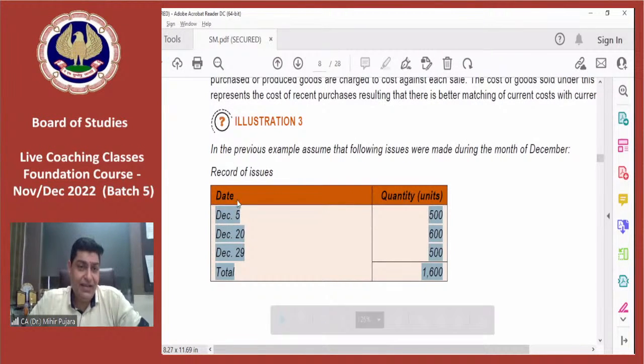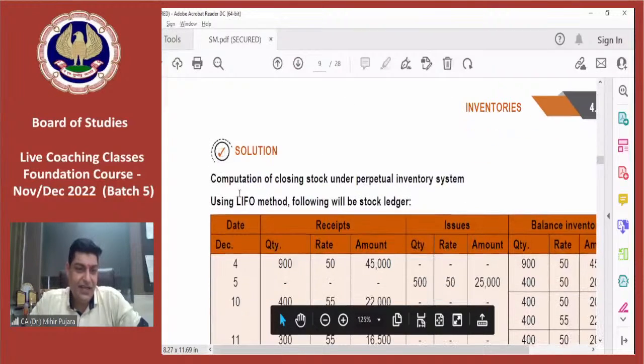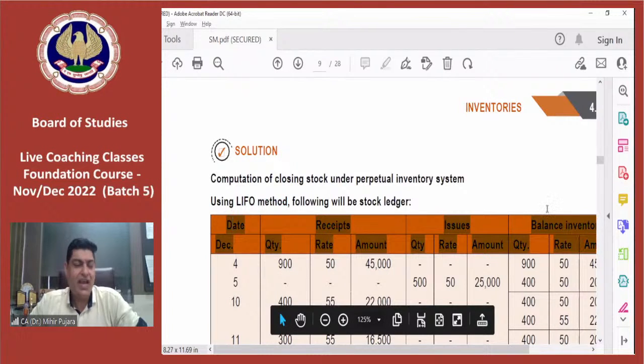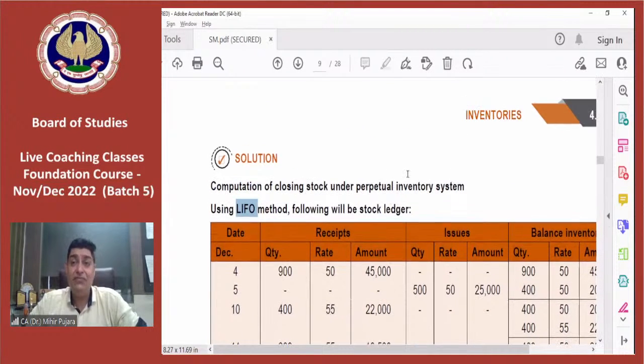Now, in question number 3, it is the LIFO method, but for better understanding we will do the same question first by the FIFO method, and this is the register which we are supposed to prepare. This is as per LIFO, but first let's do this question with the FIFO method.